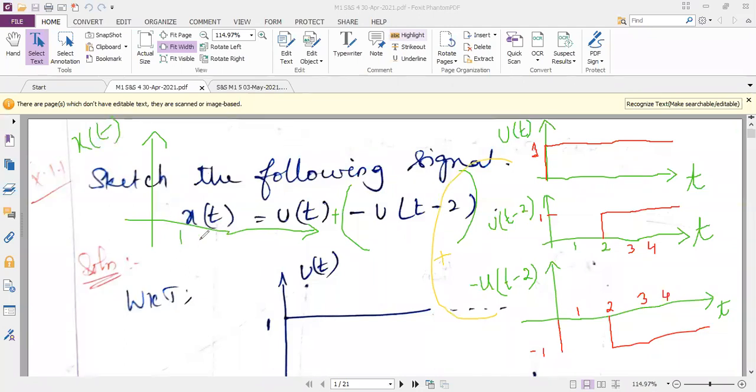So I will write the numbers 1, 2, 3, 4, etc. See, now when I add, listen, at 0, I want everyone to see here. I will take a different color. At 0, what is the amplitude in u of t? What is the amplitude? Make it fast. 1.